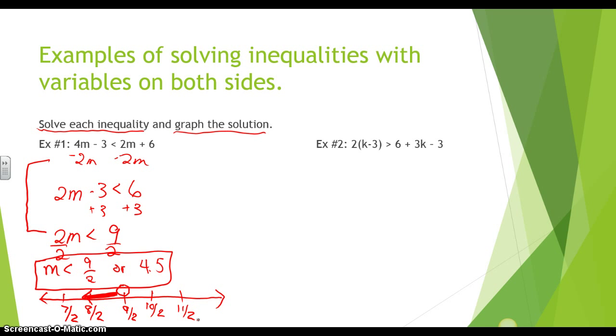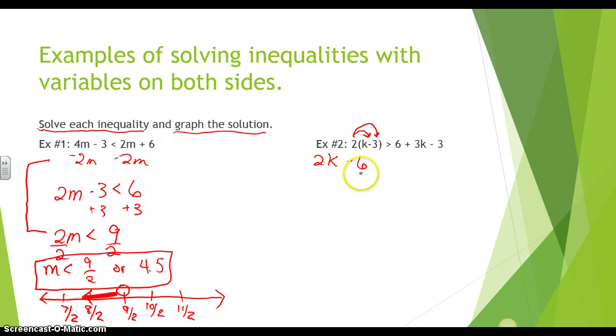Here we're going to be working with the distributive property because we have 2 parenthesis k minus 3 and parenthesis, which is greater than 6 plus 3k minus 3. I'm going to distribute the 2 to the k, 2 times negative 3. 2 times k gives me 2k. 2 times negative 3 is going to give me negative 6.